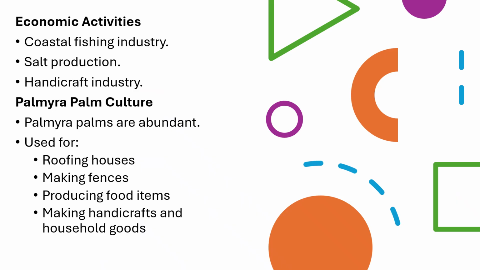Economic activities: coastal fishing industry, salt production, handicraft industry, and Palmyra palm culture. Palmyra palms are abundant, used for roofing houses, making fences, producing food items, and making handicrafts and household goods.